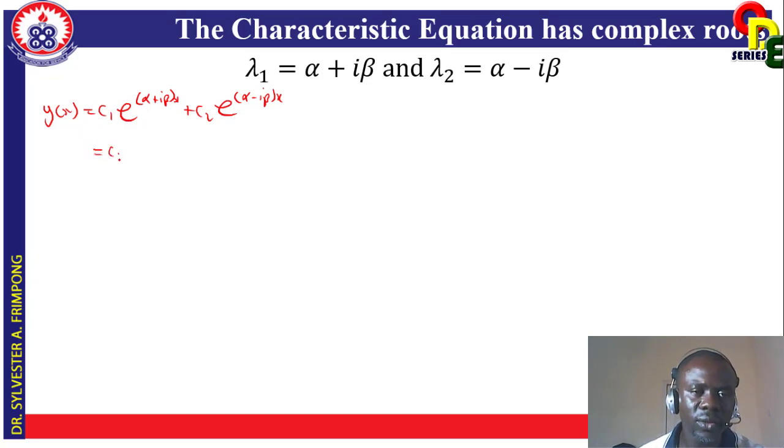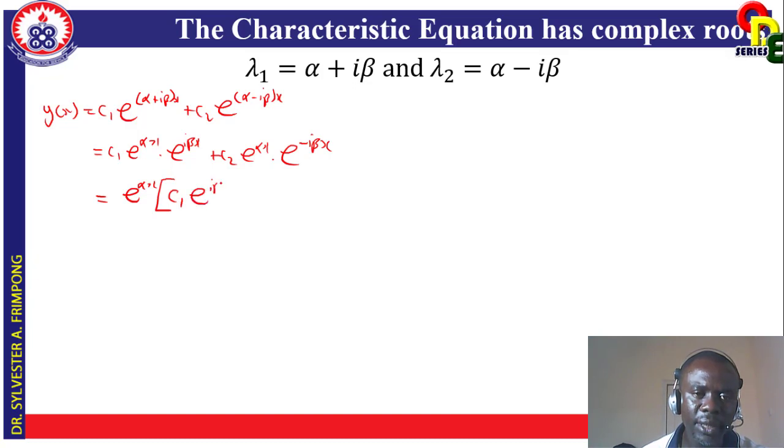So you're going to get C1 e raised to the power alpha x times e raised to the power i beta x plus C2 e raised to the power alpha x times e raised to the power -i beta x. And we can factorize the common factor here, which is e raised to the power alpha x, multiplied by C1 e raised to the power i beta x plus C2 e raised to the power -i beta x.